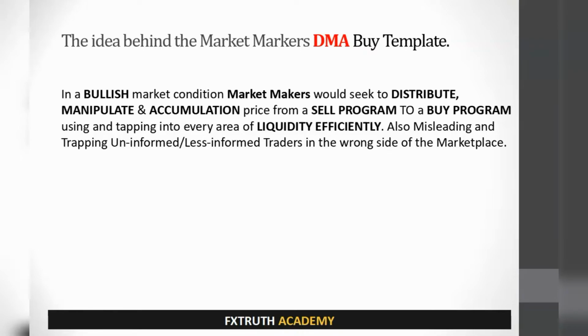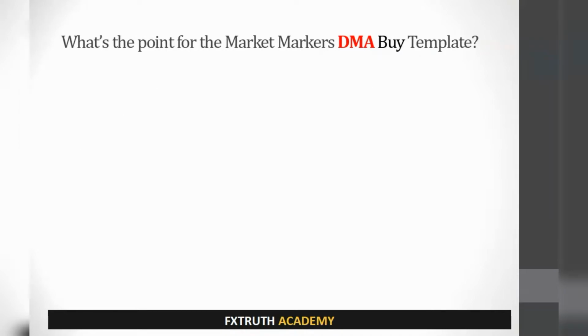They do that by distributing price, then manipulating it, then accumulating it. Sometimes the accumulation may not be very significant, but there's usually an accumulation, and after the accumulation we just see a buy-up, straight up. By so doing, they would have trapped traders on the wrong side of the market, because the goal of market makers, you must understand, is to engineer or take out liquidity in the marketplace. So moving forward, what's the point of the market makers DMA buy template?